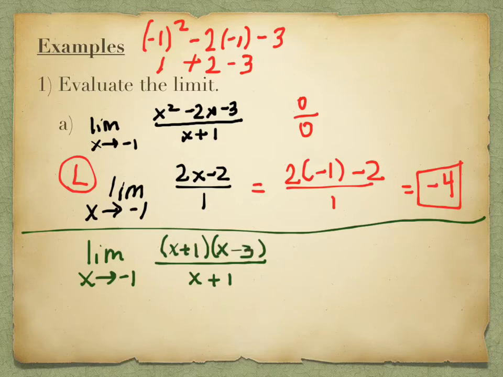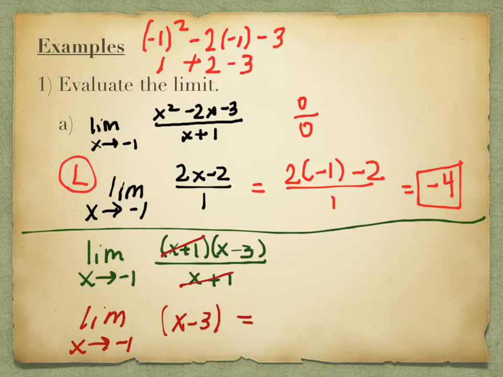Yes, it does. And then I am able to cancel the x plus 1s because they match. And I can find the limit as x approaches negative 1 of x minus 3, which is negative 4.